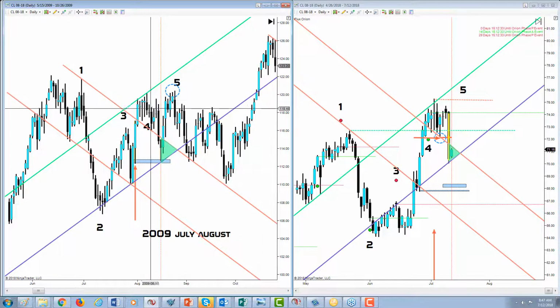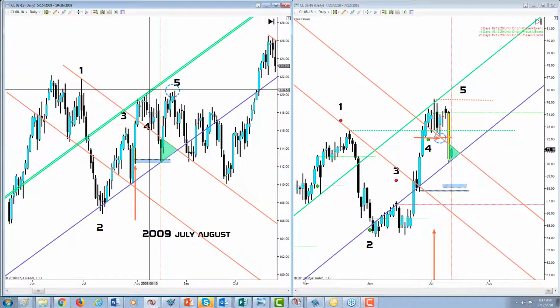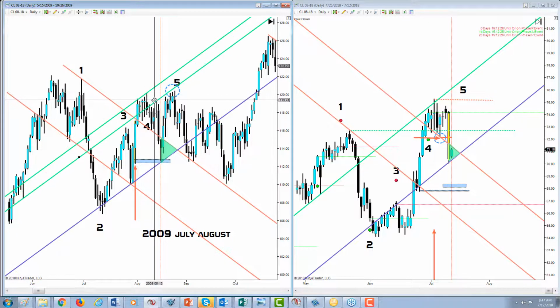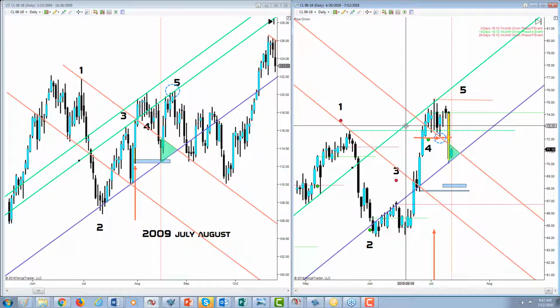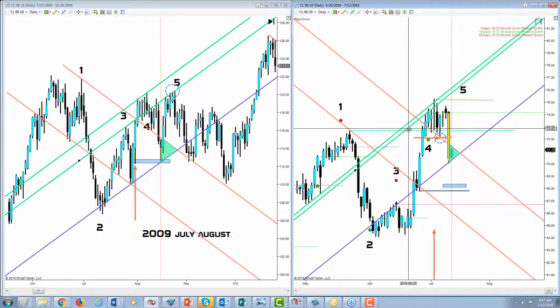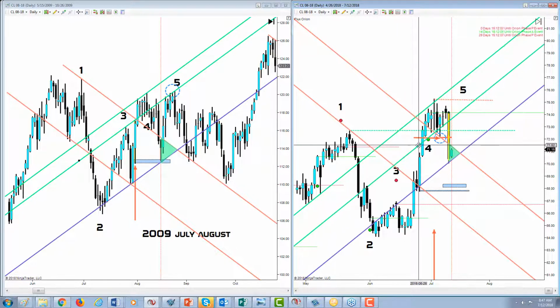So now, where is it going? That's the question. So I'm going to take this little green line right here, and there are two alternatives.